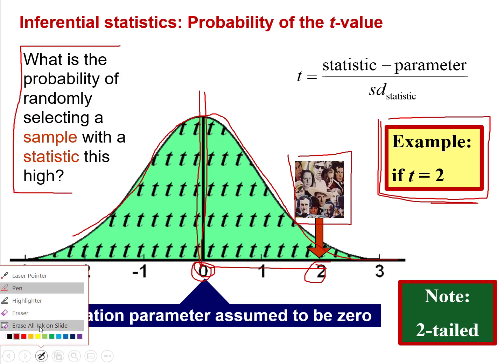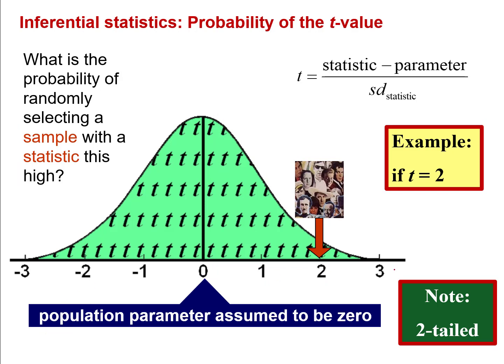Now, one thing to note: in this class, I'm always going to be focusing on something called a two-tailed probability. There are actually two options. We can look at a one-tailed probability or a two-tailed probability. A two-tailed probability looks at the probability of getting a t-value this extreme in either direction.